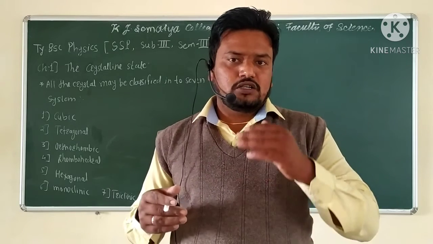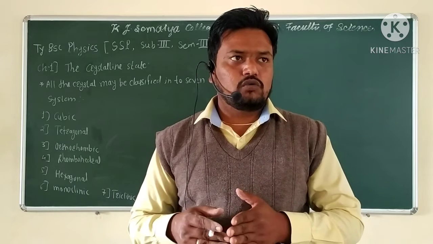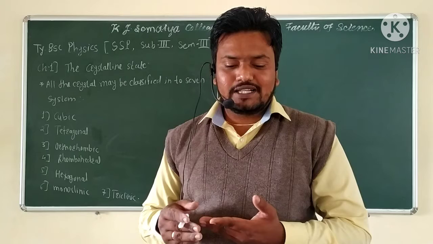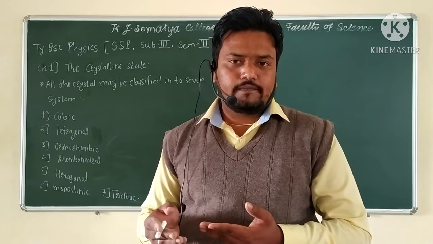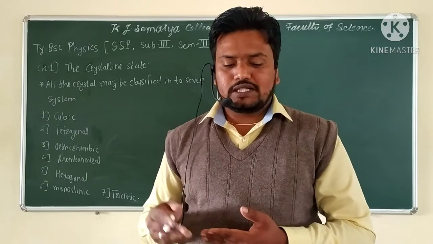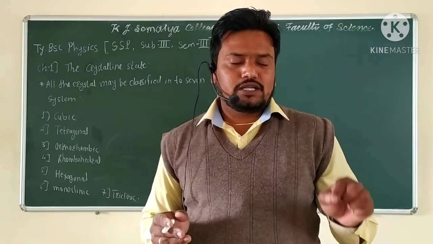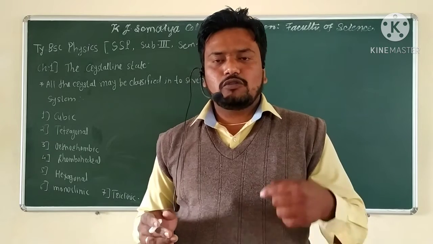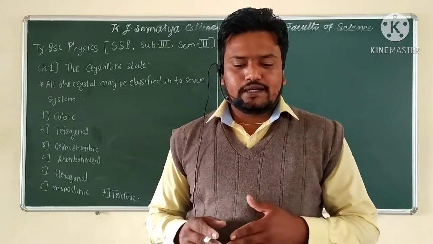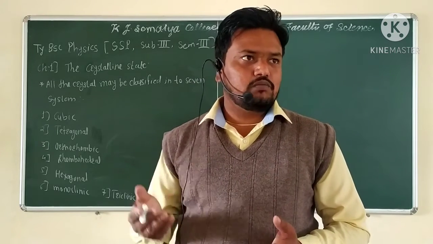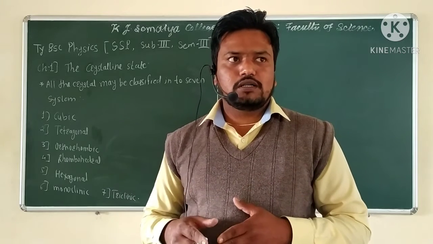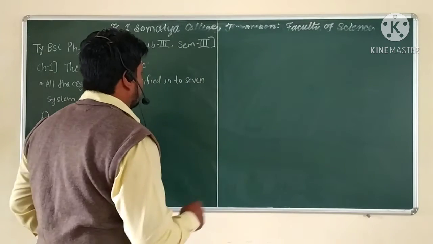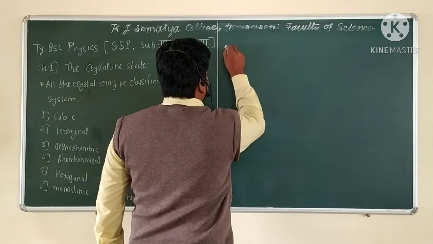In this crystal structure, all three lengths of the unit cell are equal and at right angles to each other. That means vector a bar equals vector b bar equals vector c bar, and the angles alpha, beta, gamma are also equal, each 90 degrees.